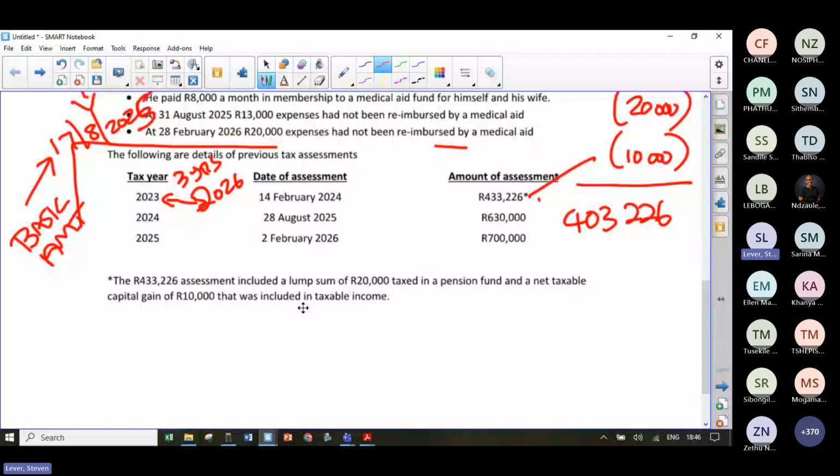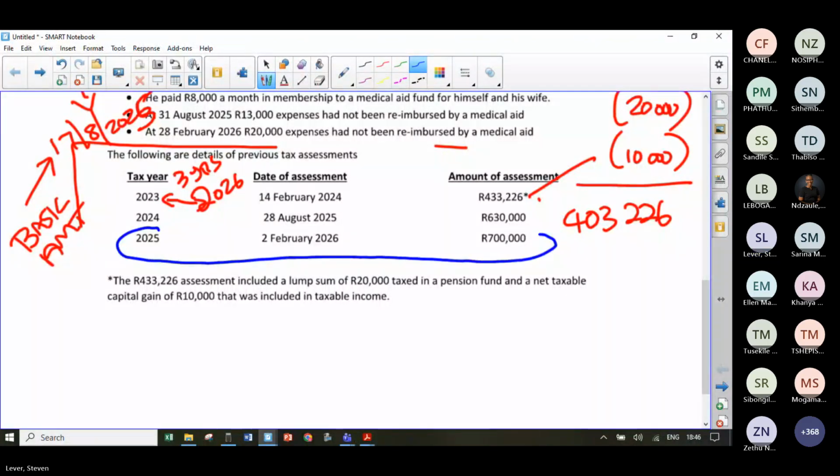So guys, our most recent assessment before the 14th of February is this one. Okay, that is my new basic amount.